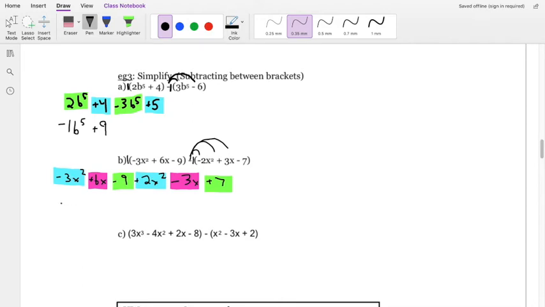So that's going to be negative 1, which we can just write like this. 6x minus 3x. 6 minus 3. And you can just work with the coefficients, the numbers in front, because the x's aren't going to change. That's going to be plus 3x. Then negative 9 plus 7. The 7 minus 9 is going to be minus 2.